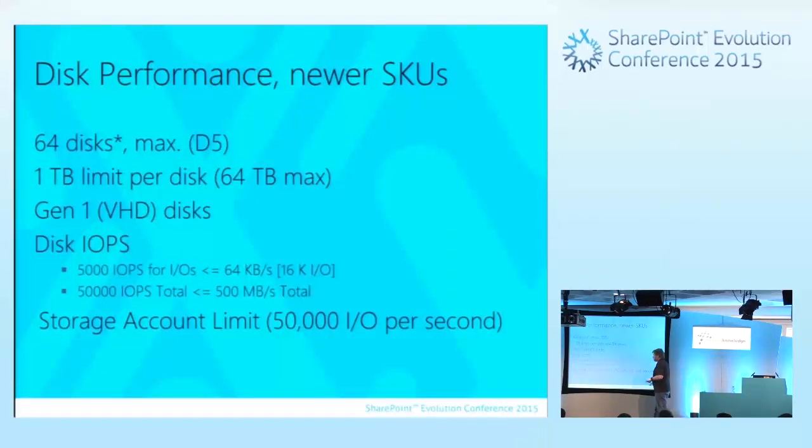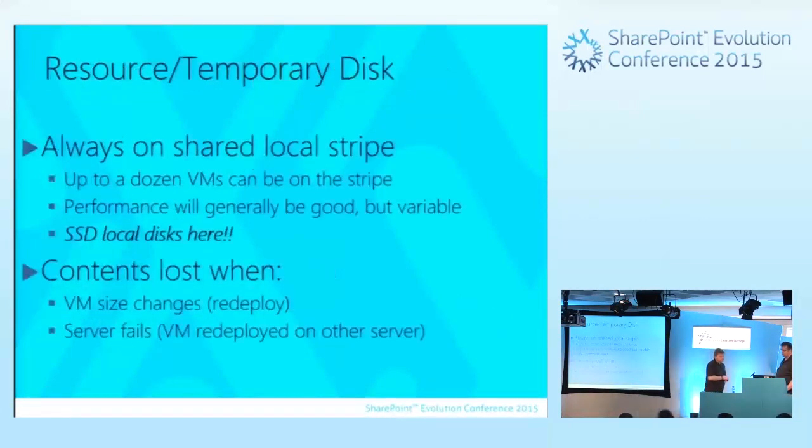So within my storage account, I can hit my 50,000 IOPS limit. Why would I have 64 SSD drives attached to a machine then if I'm capped at 50,000 IOPS? And that's the kind of trade-off you have to make. So within an individual machine that can handle premium storage, you only need 10 of these drives to max out the space. And we're going to show you some metrics in terms of how that works and how that profiles.